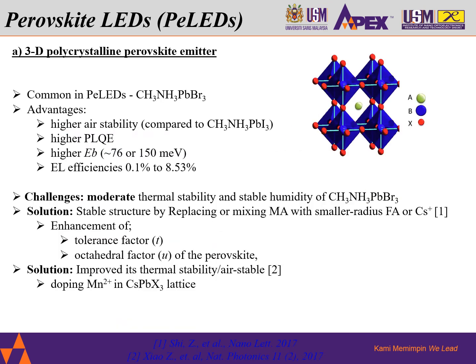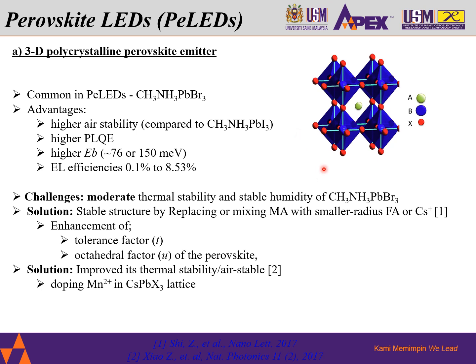For the 3D polycrystalline perovskite emitter, CH3NH3PbBr3 perovskite is most generally used in PeLEDs. Advantages of this 3D polycrystalline perovskite emitter are higher stability compared to CH3NH3PbI3, and it has higher PLQE, higher exciton binding energy, about 76 to 150 meV.